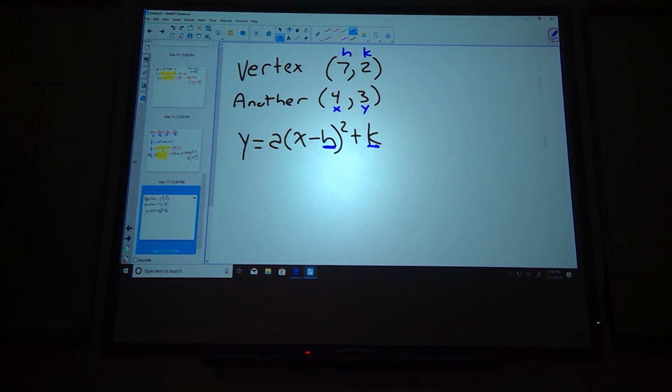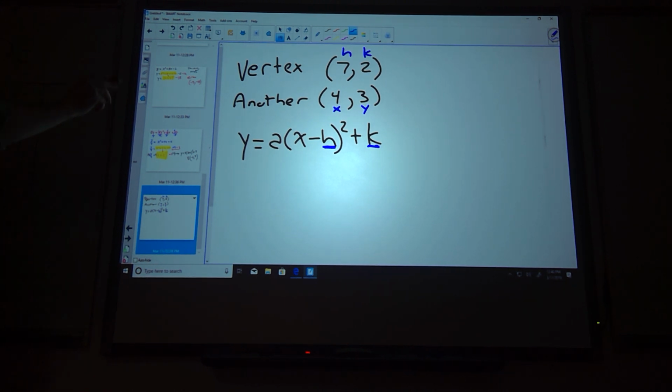Now, let's pause. If I know x and y and I know h and k, what letter's missing? A. Agreed? So if I take my x and y and my h and k and plug them into the basic vertex form, I should be able to solve for A. So let's do that.